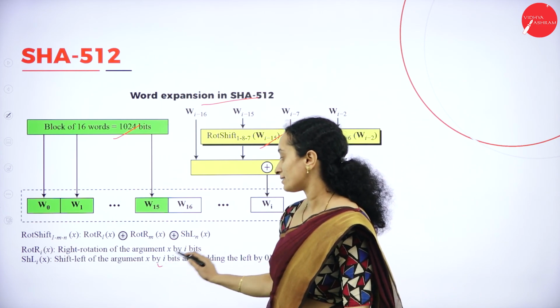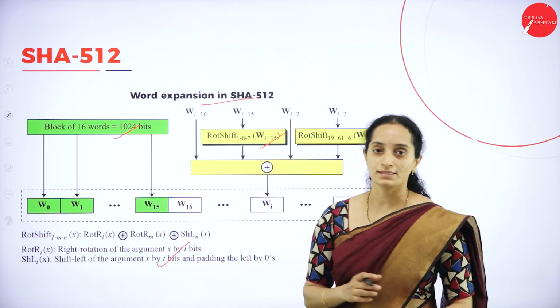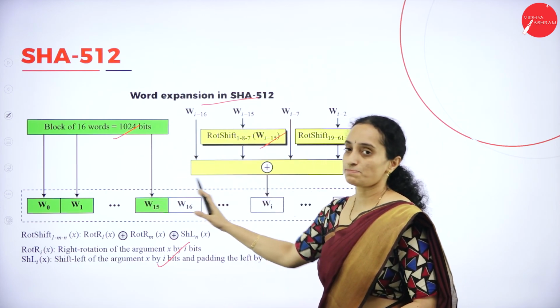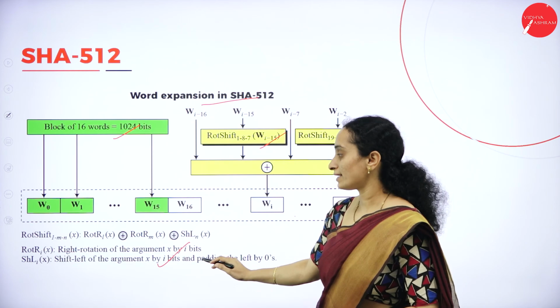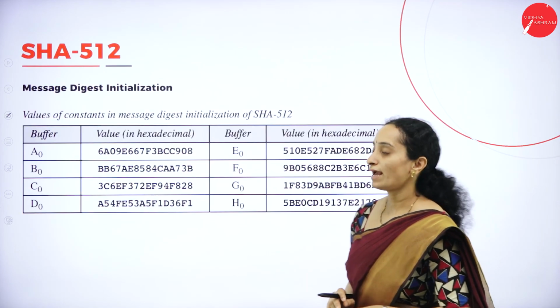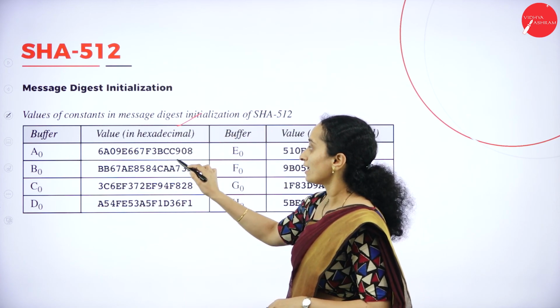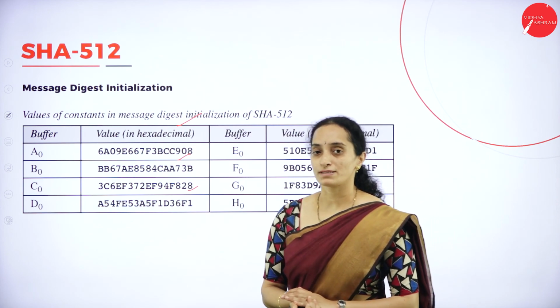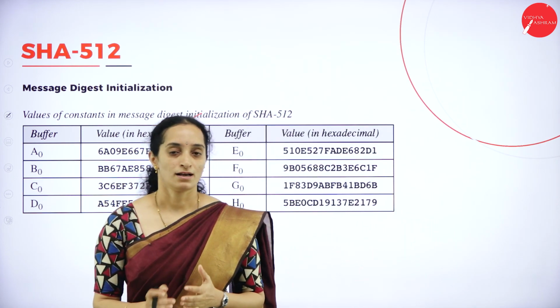We use these expressions to expand the words. These are the expressions that are used to compress the words. Okay, we have the message digest initialization in this table. This is how you can represent the message function.